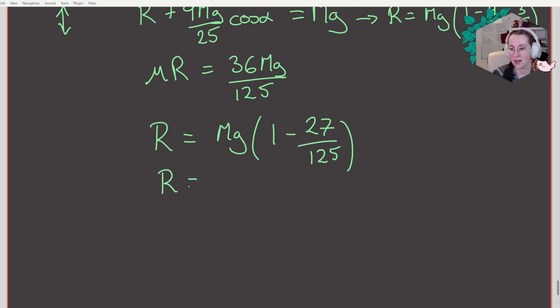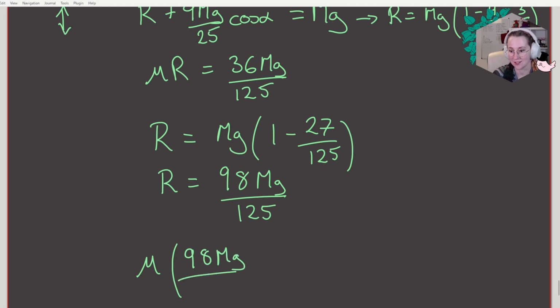So R is equal to 98 mg over 125. Mu R, so we plug that in, 98 mg over 125 is equal to 36 mg over 125.